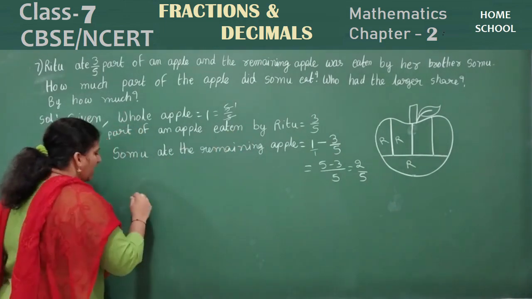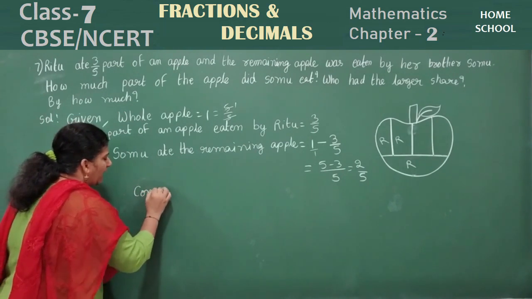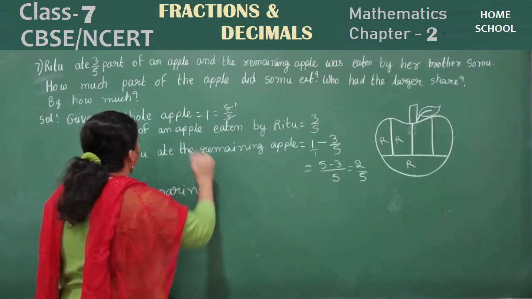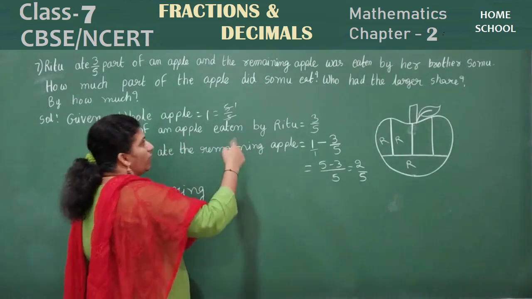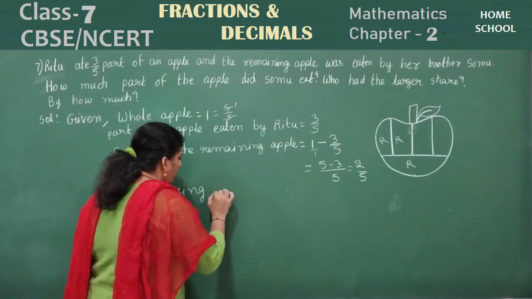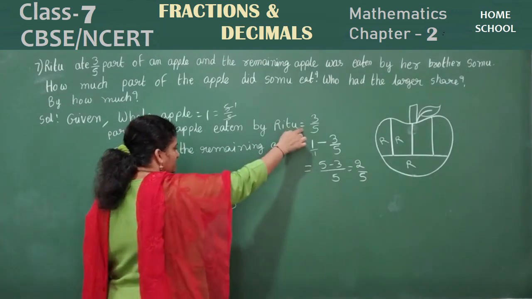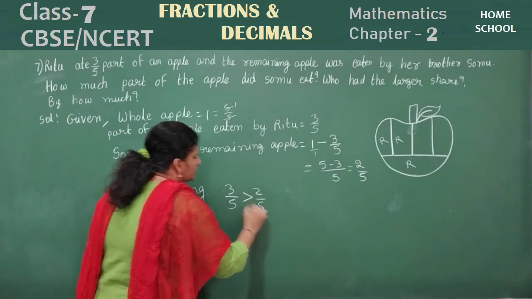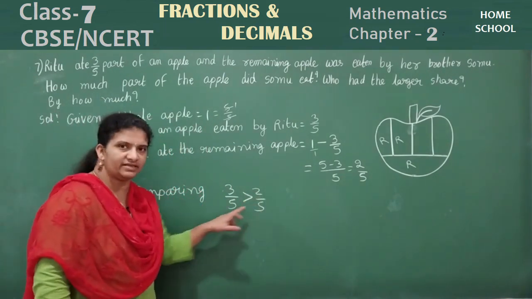Who had the larger share? So compare here. On comparing Somu's share and Ritu's share, who had the larger share? So, on comparing, we get 3 by 5 as Ritu's share is greater than Somu's share. On comparing, denominator is same, right?